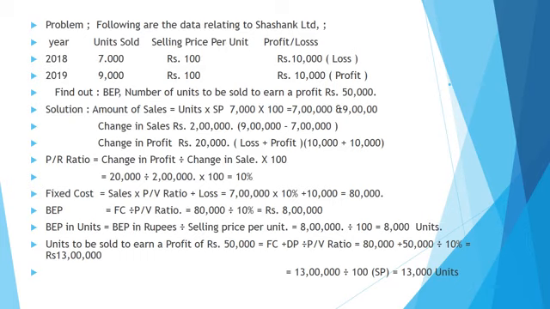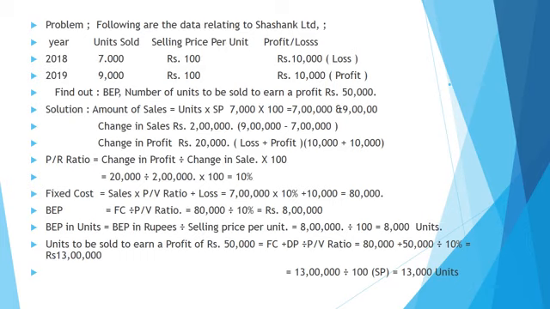It means that the real profit in the year 2019 is rupees 20,000. After writing off 10,000 rupees loss, there is a profit of 10,000. So total profit or change in profit is rupees 20,000. Loss and profit is to be added.